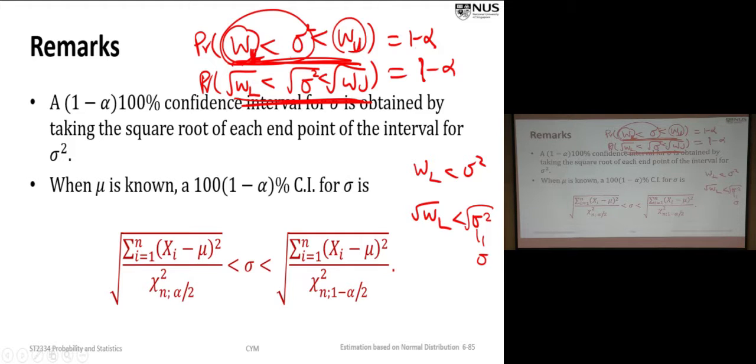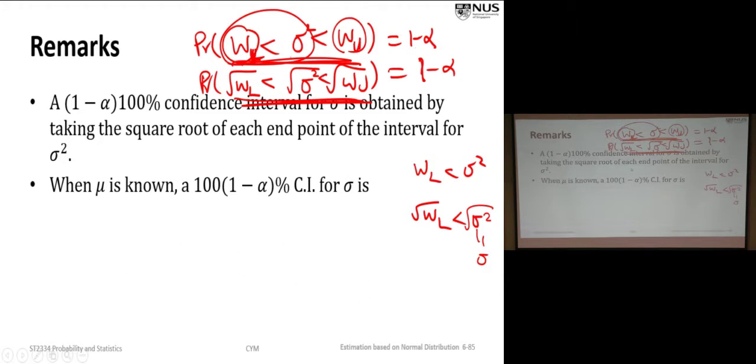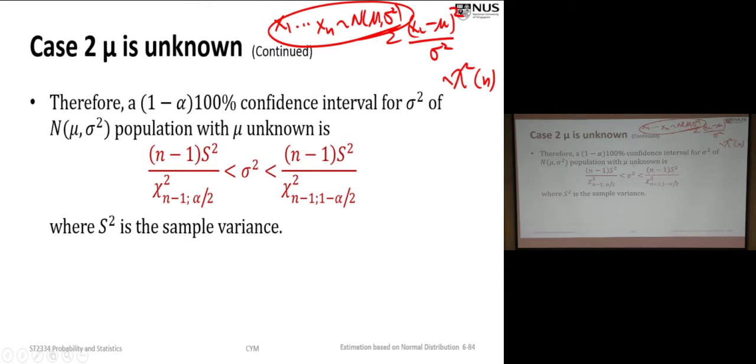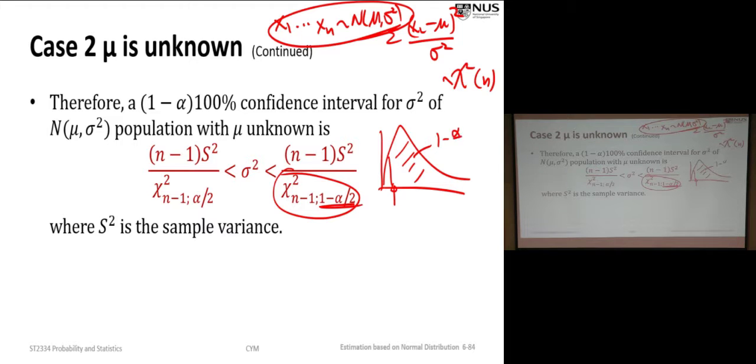By the way, please take note. This is the confidence interval. What is this number? My notation here is that this is the number on this side such that the chance of being bigger than it is 1 minus alpha over 2. So when you apply this formula, make sure that you get the right critical values. Unfortunately, notation may not be universal.